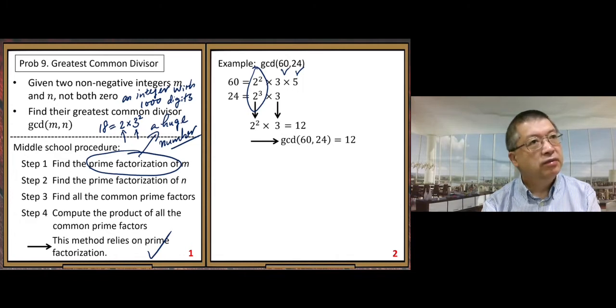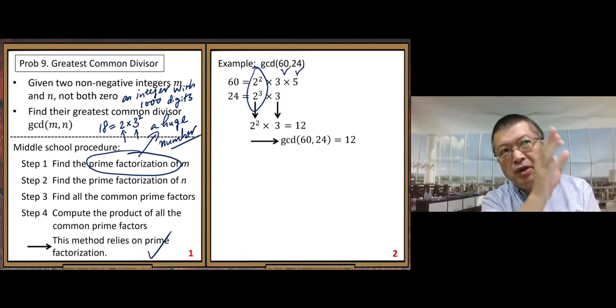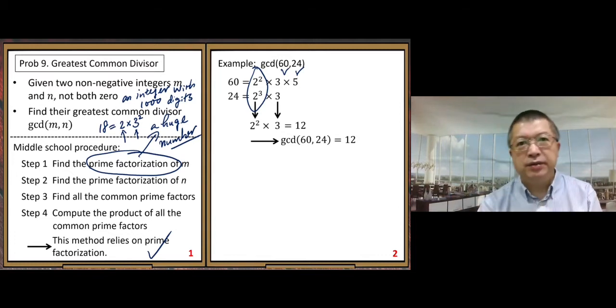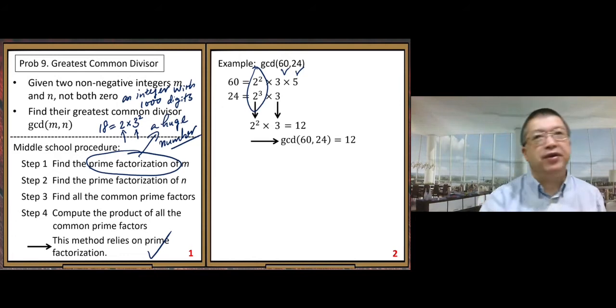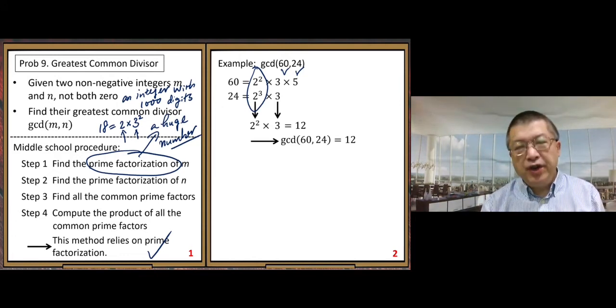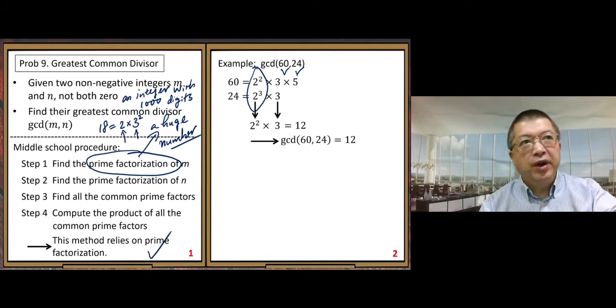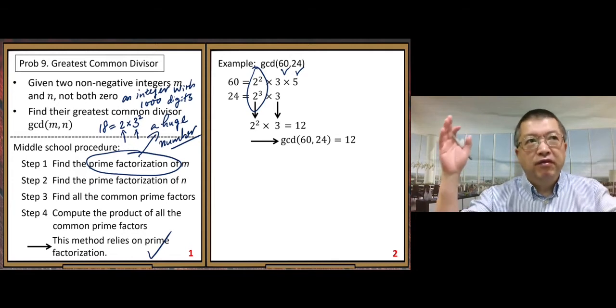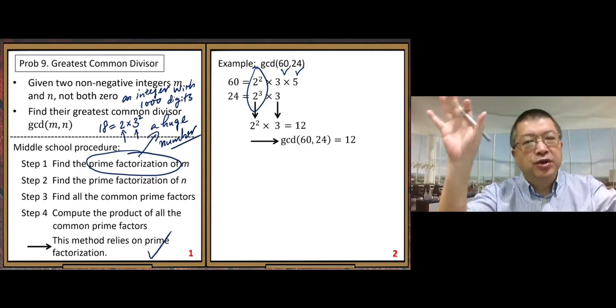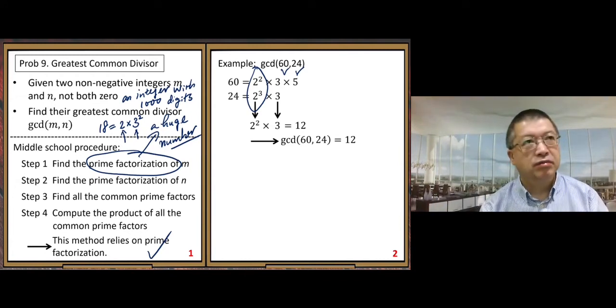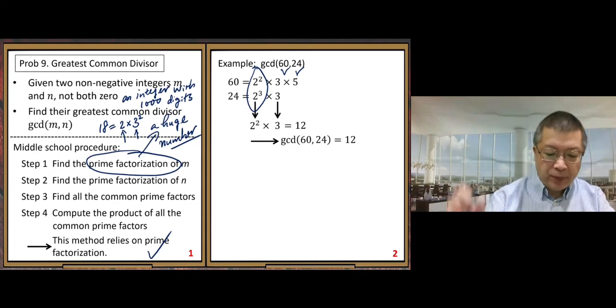If you need to do the prime factorization, it is extremely slow, so we cannot do it. We have to use a different method. In this video, we talk about the recursive algorithm. If you use the recursive algorithm, you can find the GCD of those two numbers very fast.